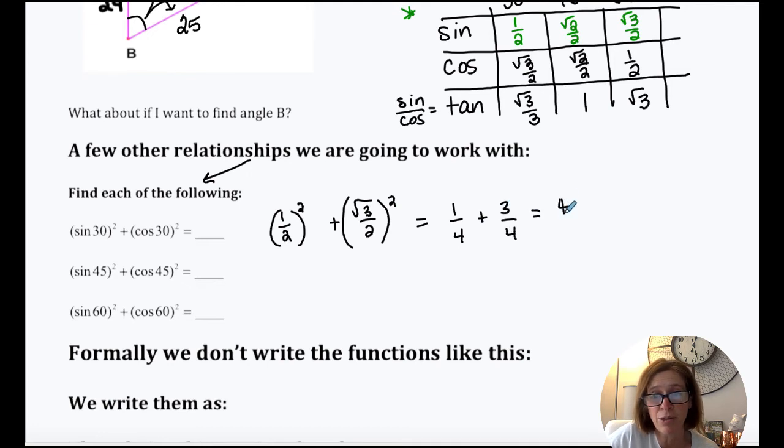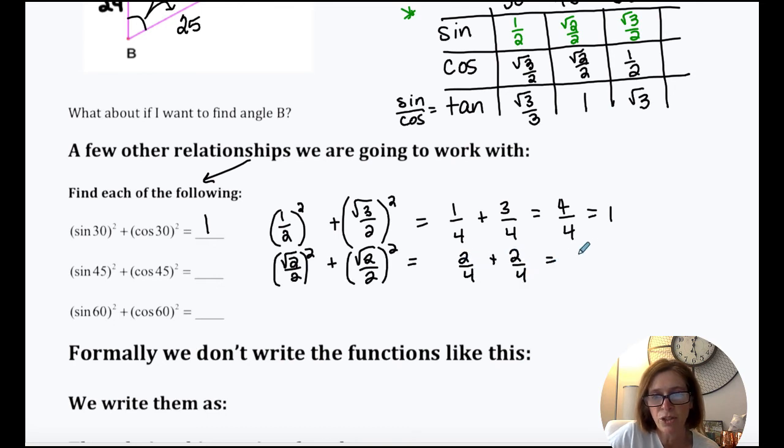Add them together, so 4 over 4, and I get the number 1. That's interesting. Okay, sine of 45 and cosine of 45. So root 2 over 2 squared plus root 2 over 2 squared equals 2 over 4 plus 2 over 4, which is 4 over 4, which is 1. Huh.